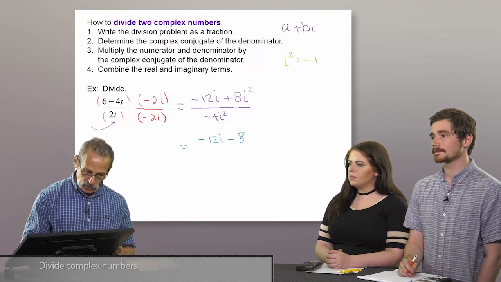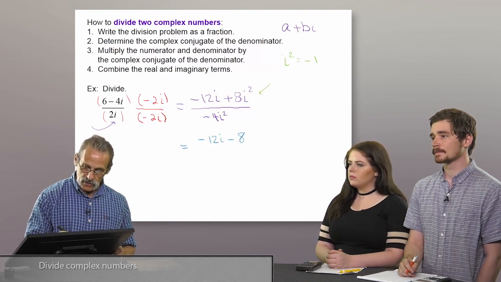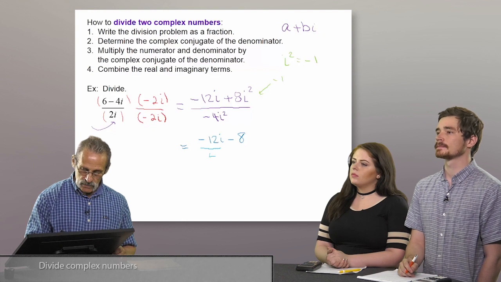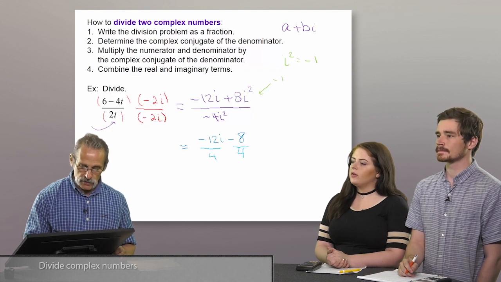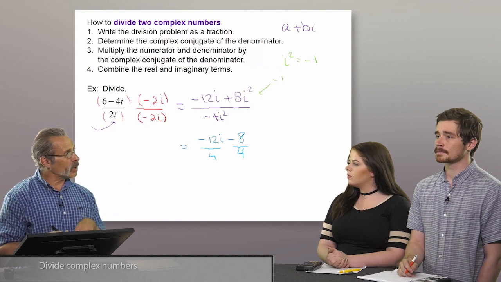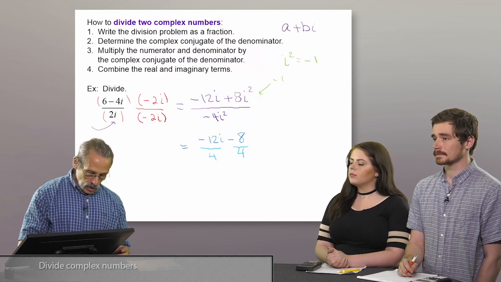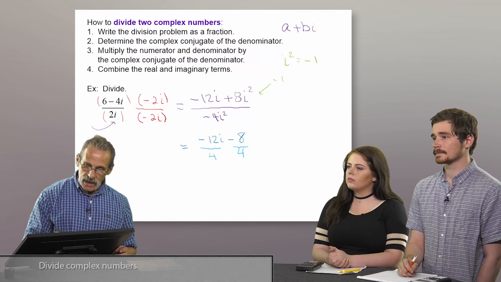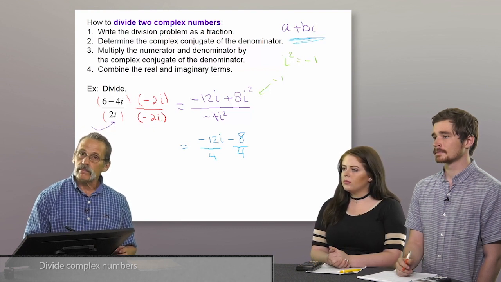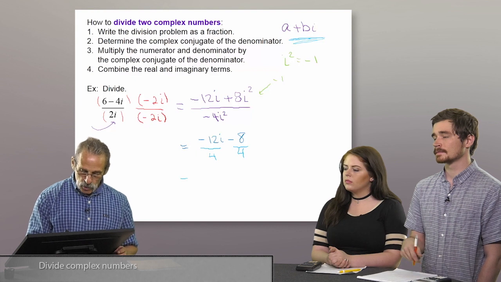And again, that's because my i squared is negative 1. And then I'll divide by positive 4. And again, where did that positive 4 come from? Negative 4 times negative 1. Now, our focus is always back here. We want to write the answer in the form of a plus bi. So I do have a little more work to do.